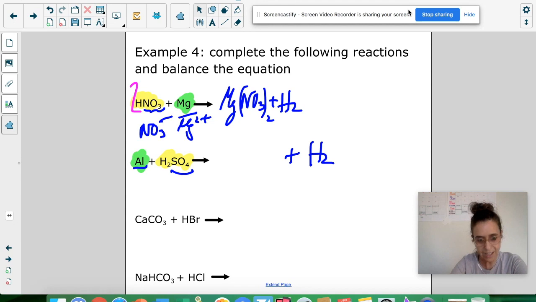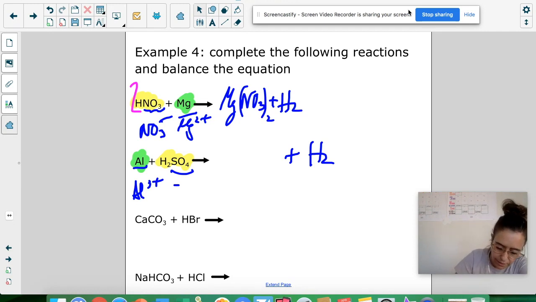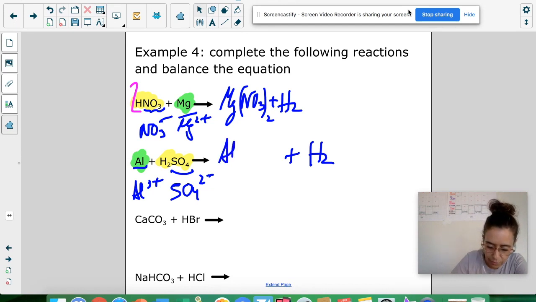So in this case, the metal is aluminum, it forms aluminum 3+, and when we remove the protons, what's remaining from the acid is the SO4 2 minus. Okay, so this is gonna be aluminum sulfate, where the sulfate has a 3 here. Remember the crisscross rule? And the aluminum has a 2 here.